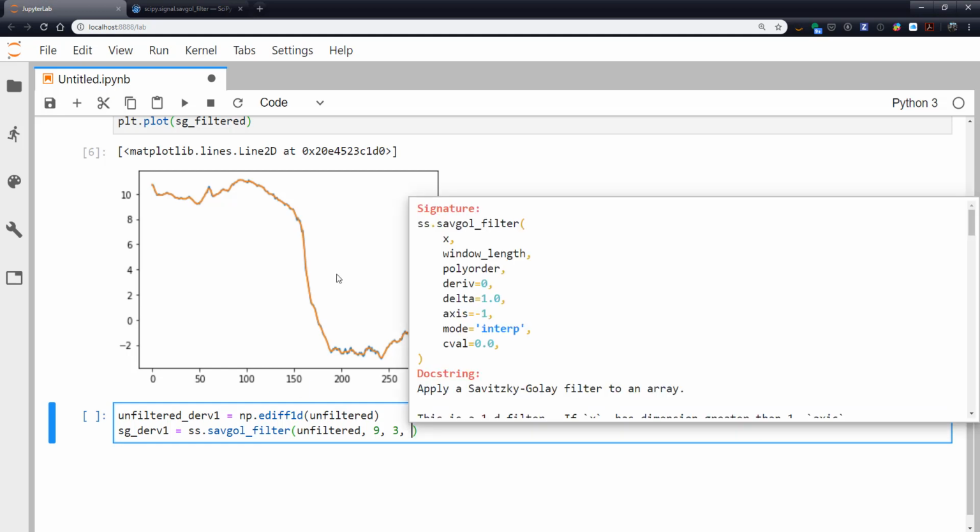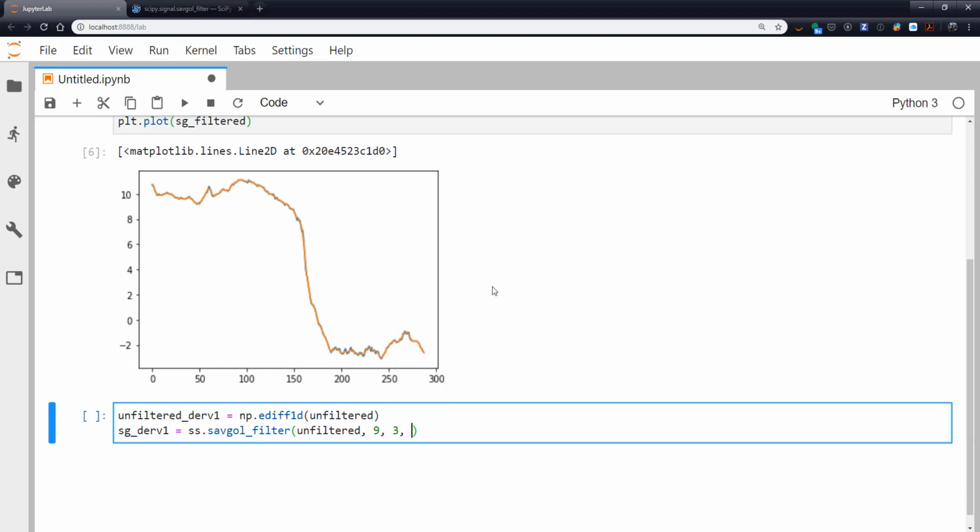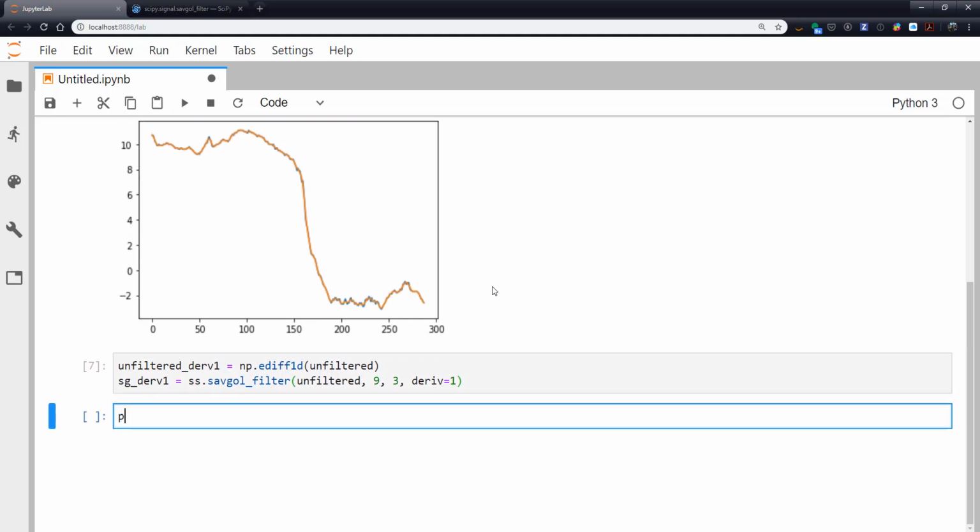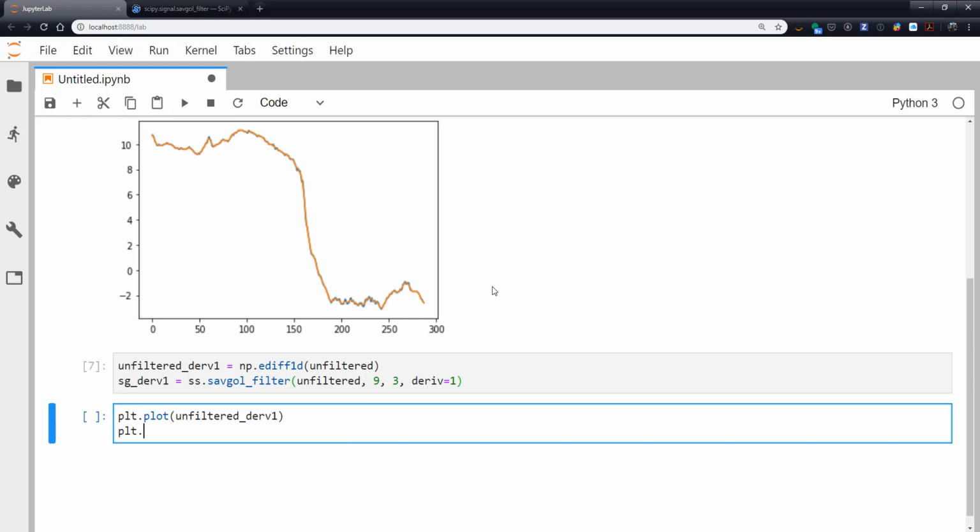Then if we look at the documentation, deriv equals 0. So I'm going to set deriv to be 2. All right, 1. We want a first order derivative. So now let's make a plot of that. So unfiltered deriv 1.